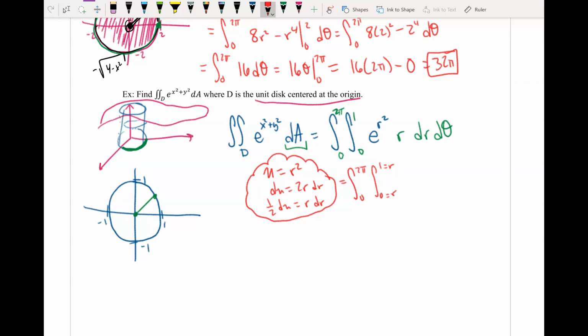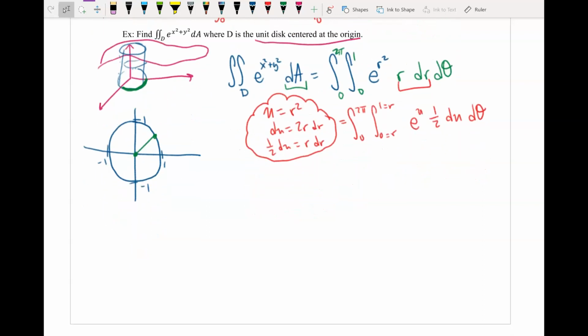Then we're going to have e to the u, r dr, that's just equal to 1/2 du, and then d theta. The reason I'm writing r is because these limits belong to r, not to u. You can always do a change of variables and change the u variables back to r, but I'm just going to leave it as is.